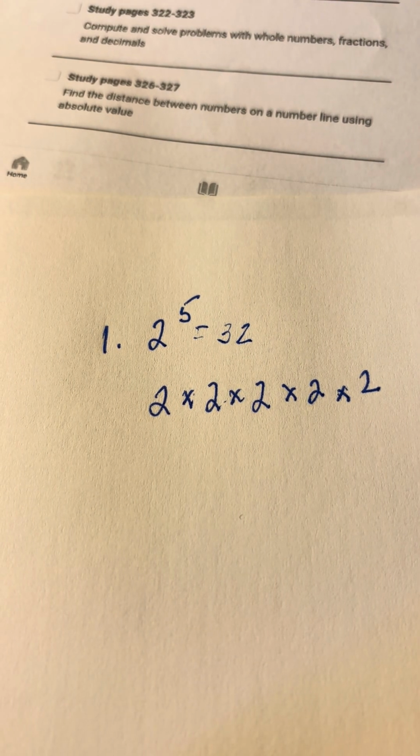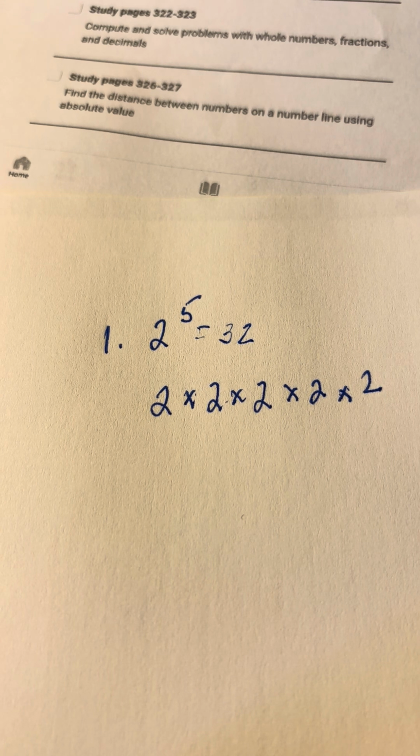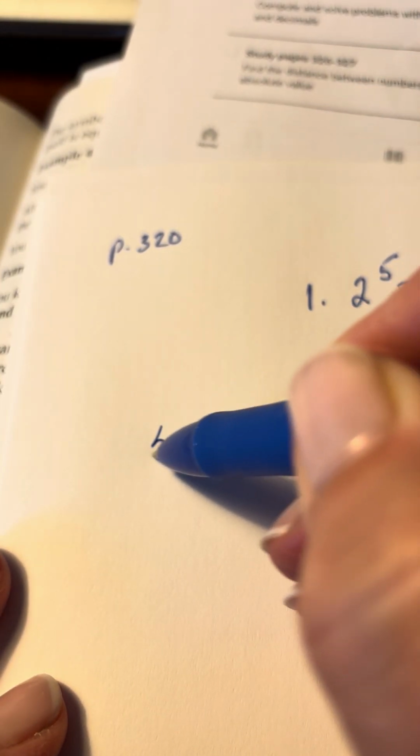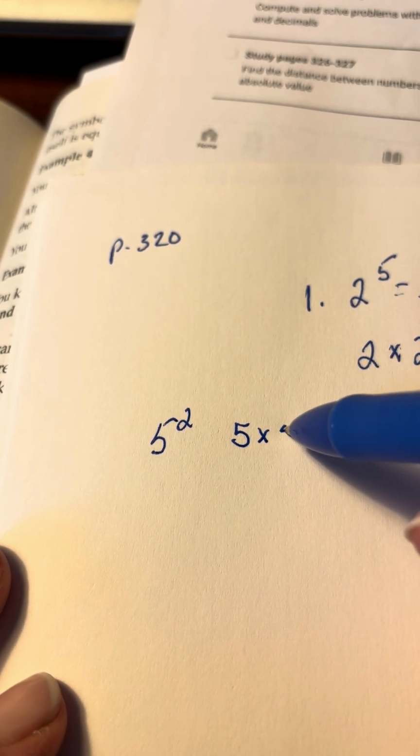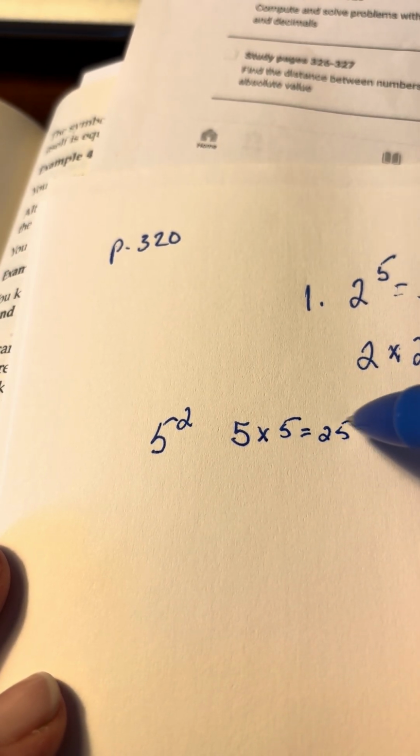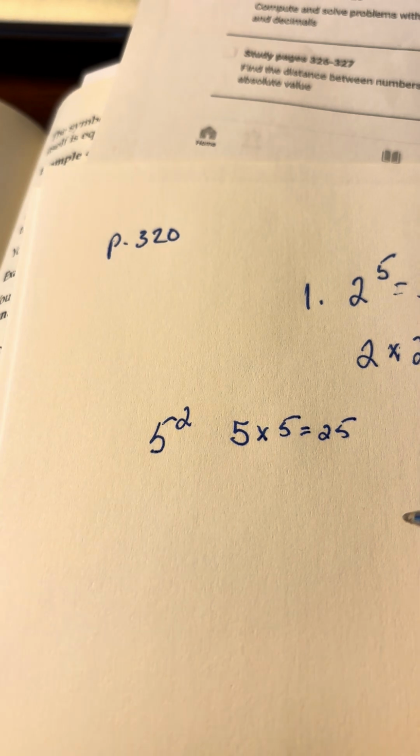Now the test review said to focus on calculating squares, square roots, cubes, and cubed roots. Okay, so squared is like when you have 5 squared, and that's just 5 times 5. Now the opposite, everything has an opposite, right?